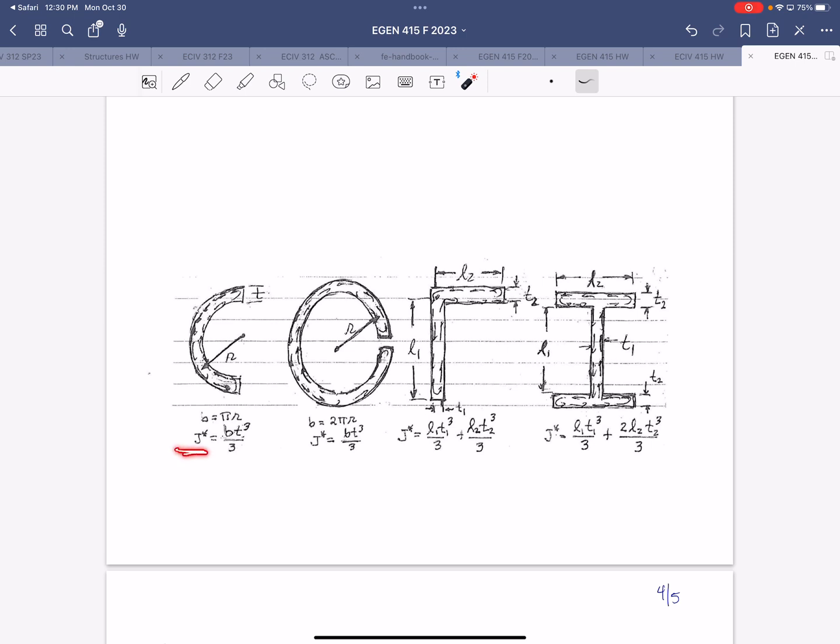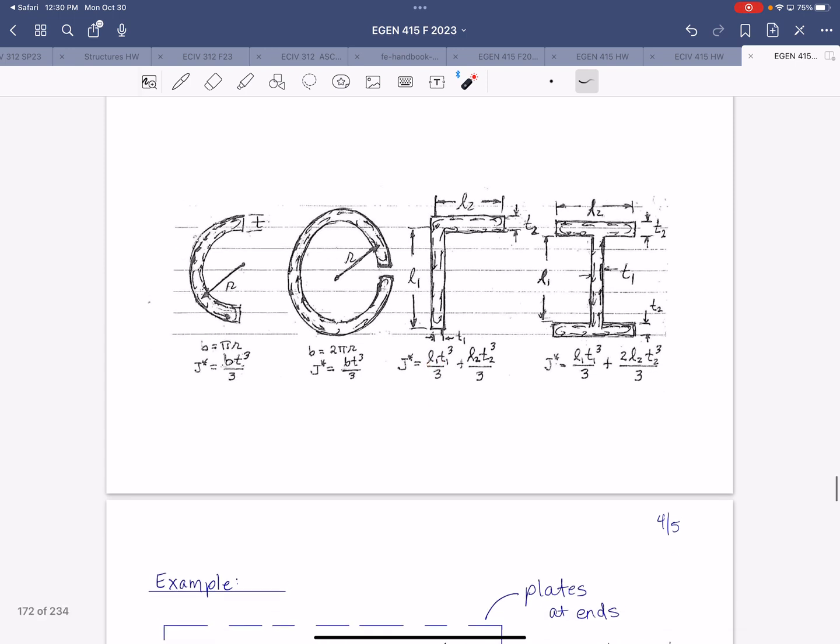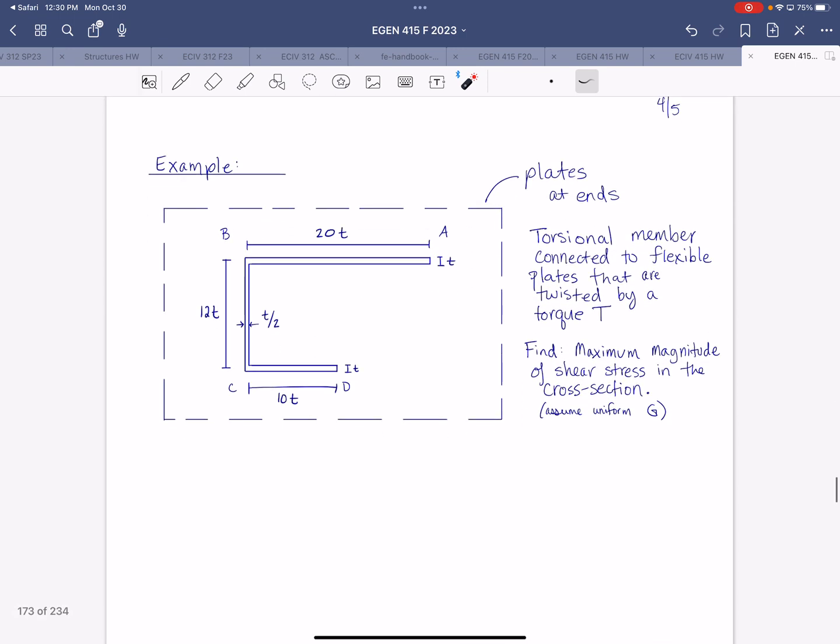And then you have J star also spelled out here for each one. You'll notice that for the sections that consist of multiple straight segments, that J star value is just the summation of LT cubed over 3 for each segment. So we'll apply that to this next example.